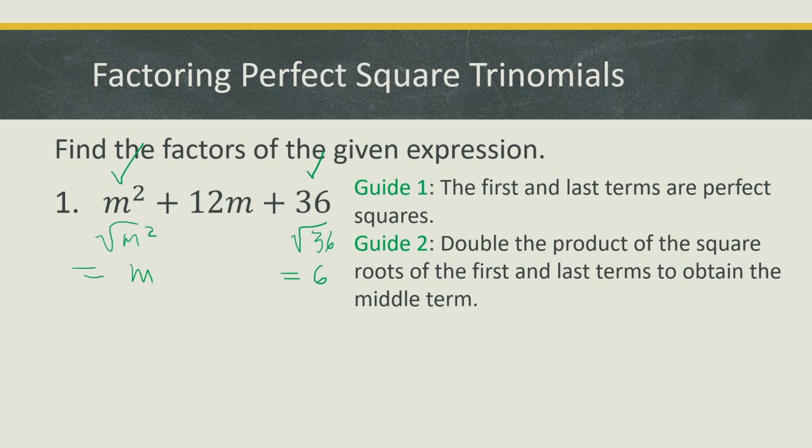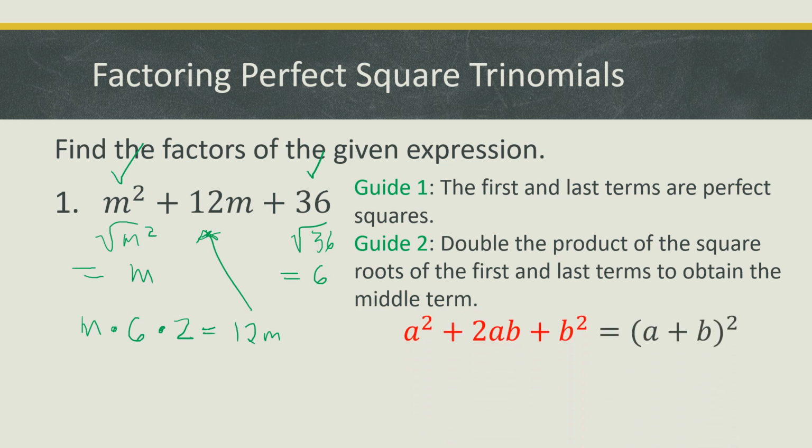Guide number 2. Double the product of the square roots of the first and the last terms to obtain the middle term. If you get the product of m, the square root of the first term, and the square root of the last term, 6, and then double it, m times 6 times 2, 12m, we will obtain the middle term. So m squared plus 12m plus 36 is a perfect square trinomial.